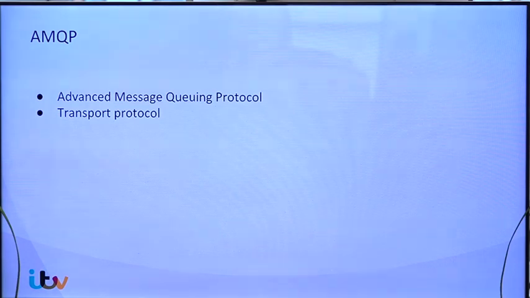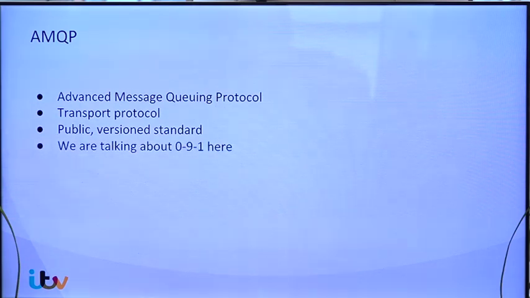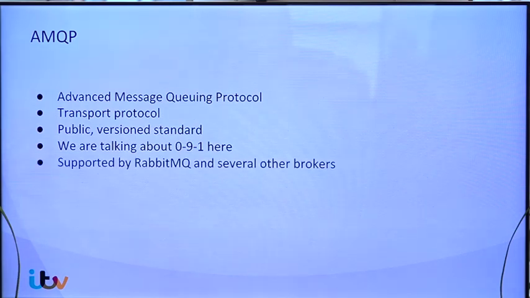It's a transport protocol for the network. Think of it as like an asynchronous version of HTTP. It's a public standard. We're talking about version 0-9-1 here from 2008, which is supported by many brokers, including Rabbit. There is a version 1.0, which is OASIS and ISO blessed, but it's completely different to 0-9-1. There was a lot of politics and infighting, so it basically changed a lot of things.